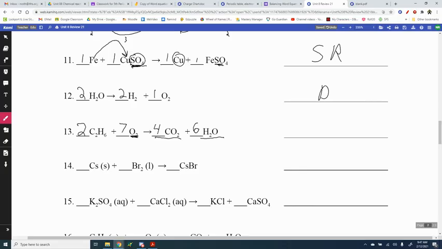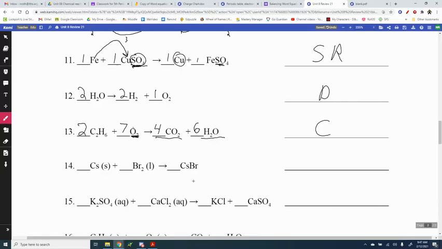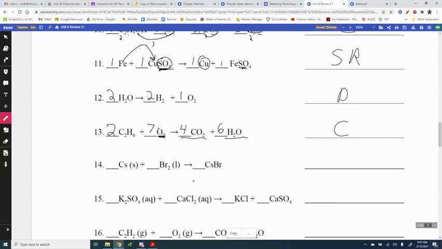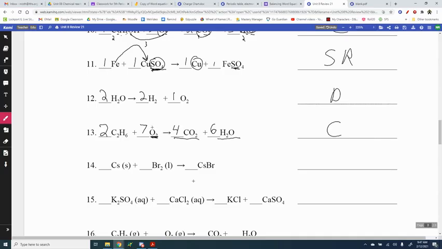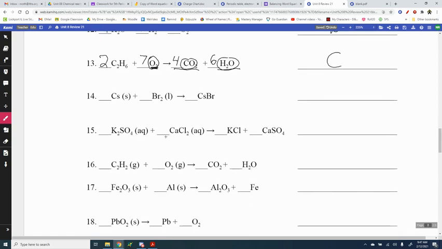This is a combustion reaction because we have oxygen as a reactant, carbon dioxide and water as a product. So that is a combustion reaction.